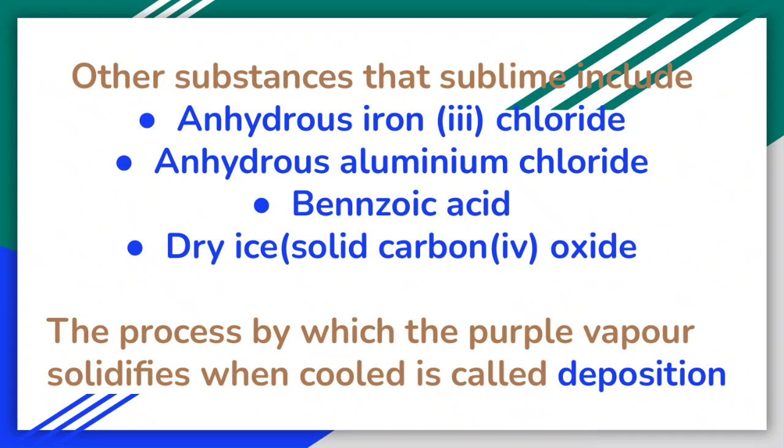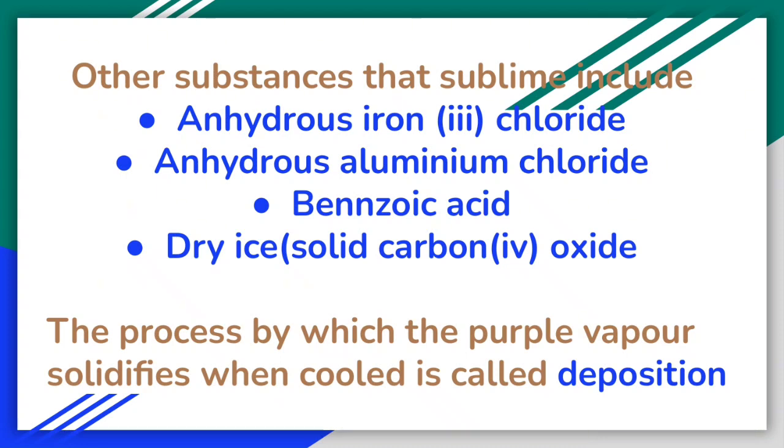Now, we have said that when this purple vapor reaches the cooler parts, it solidifies to iodine. That process whereby the vapor is changing to a solid on that cooler part of the evaporating dish is called deposition. So the opposite of sublimation is deposition.